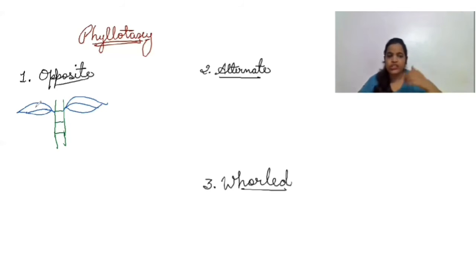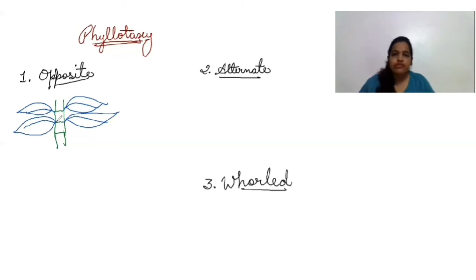Clear? Now on the next node also, the 2 leaves will be present like this. So on every node, the two leaves will be present.